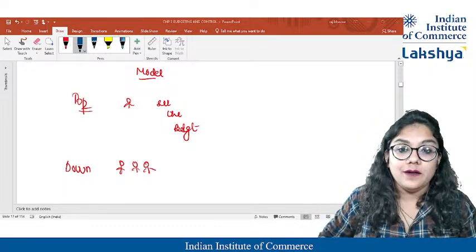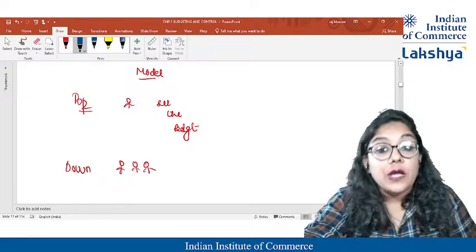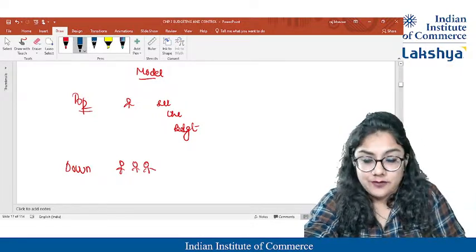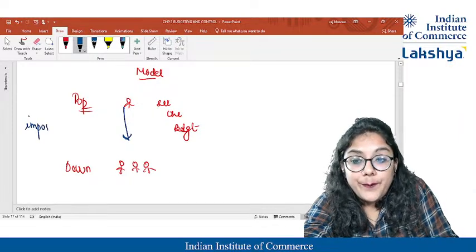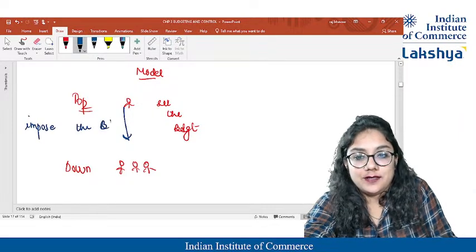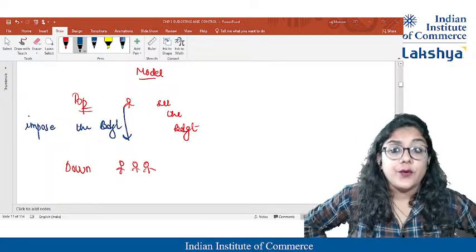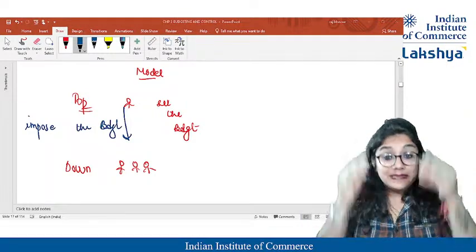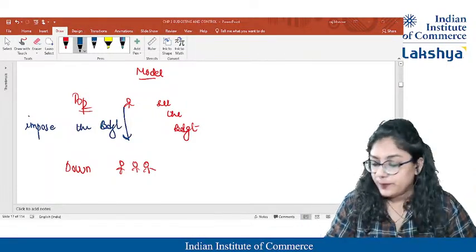They will set the budget for the year and directly impose the budgets on the lower management people. Whatever they impose, whatever they thought, the ground level people have to follow it. So that is the meaning of top-down approach.